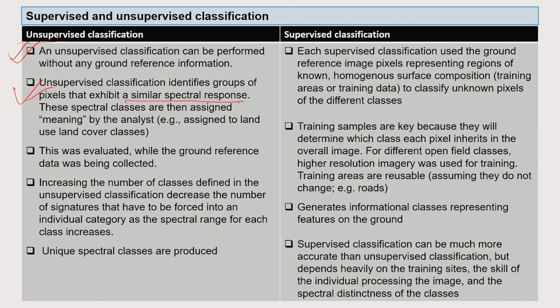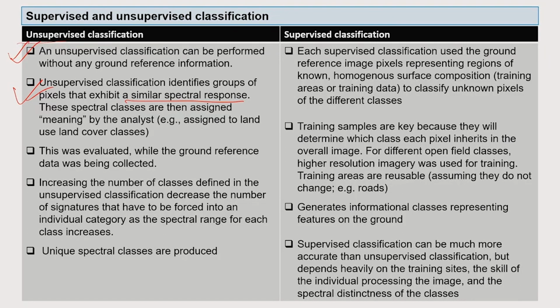These spectral classes are then assigned by the analyst, for example, to land use and land cover classes. Once this was evaluated, the ground reference data was being collected.